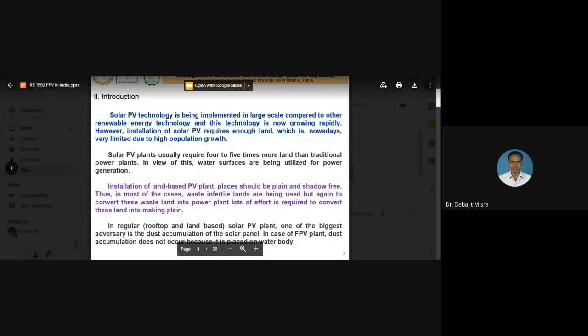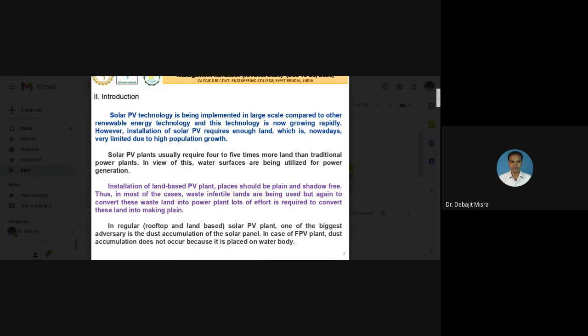In regular rooftop or land-based solar PV plants, another big problem is dust accumulation on solar panels, and cleaning is also a problem, because most of the solar plants in India are located in the south and western parts, and these locations have a lot of dust. So cleaning and cooling are vital parameters to maintain the efficiency of a plant.